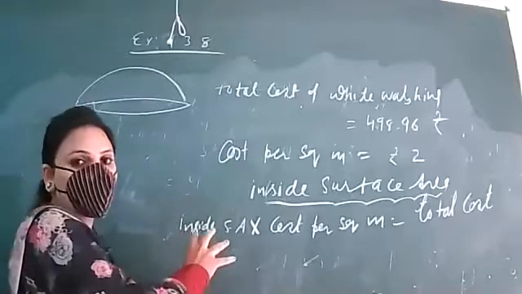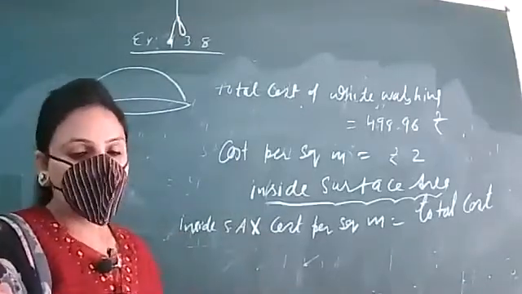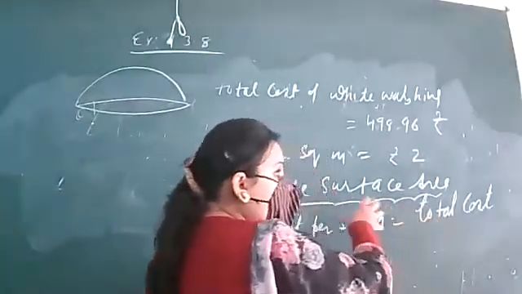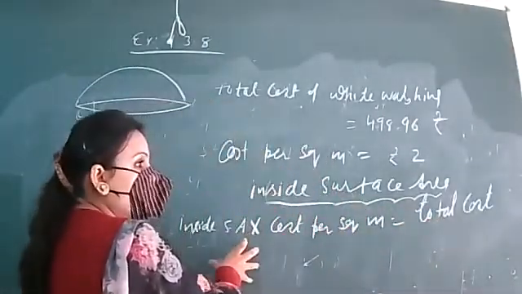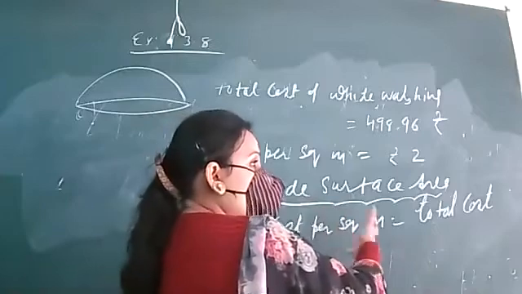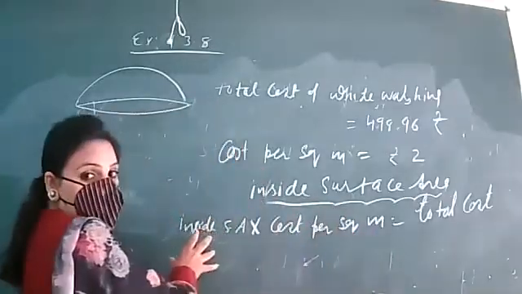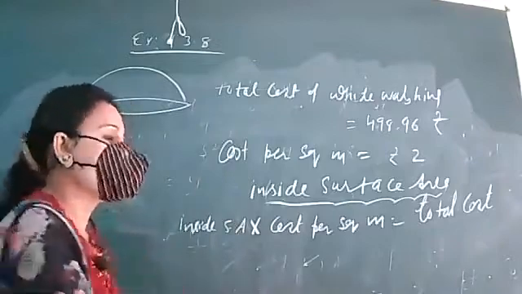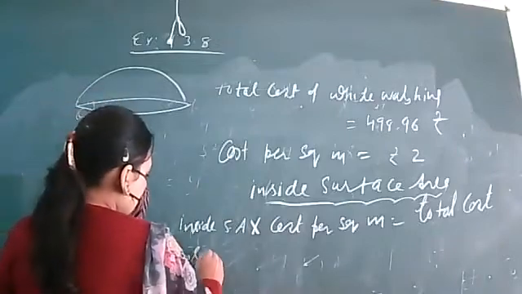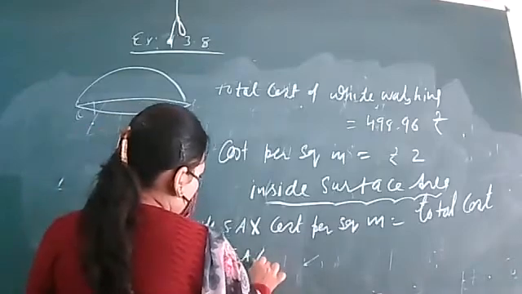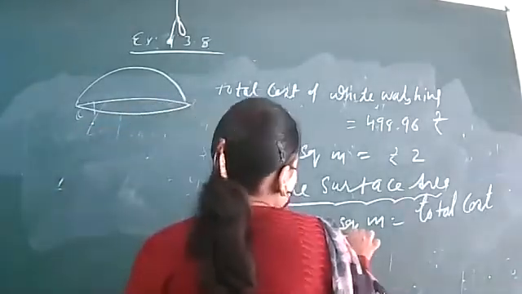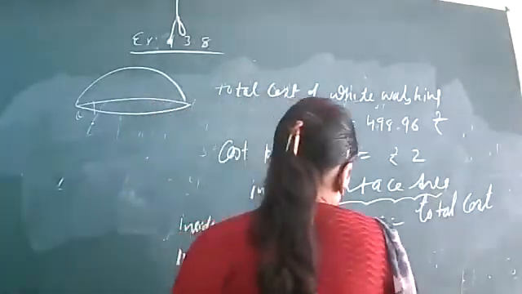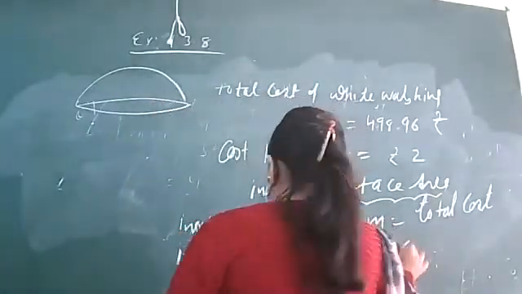So inside surface area into cost per square meter is equal to total cost. किसी भी चीज का total cost निकालने के लिए we multiply that thing with the cost per unit. So this is the inside surface area. I will write it as it is because first target is to find inside surface area. So inside surface area into cost per square meter is ₹2 and the total cost is 498.96.